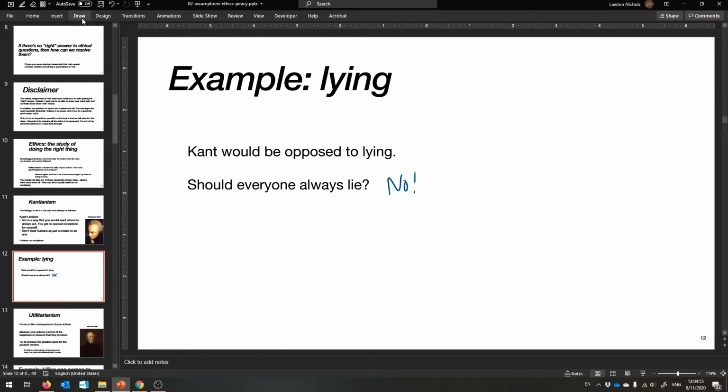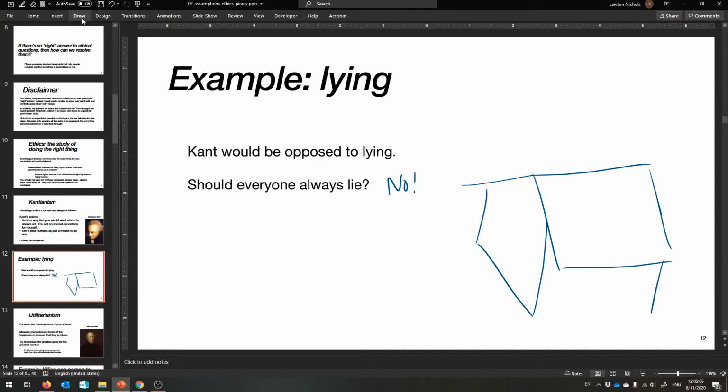So here, let me draw a house. And pretend this is my house. Either I'm living with my parents right now, or with a housemate. Somebody comes to the door, and I don't answer. It's like one of my housemates or my mom answers the door. I don't know how to draw an open door, apparently.